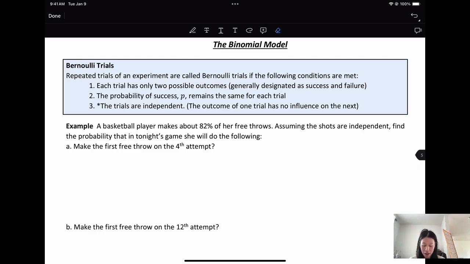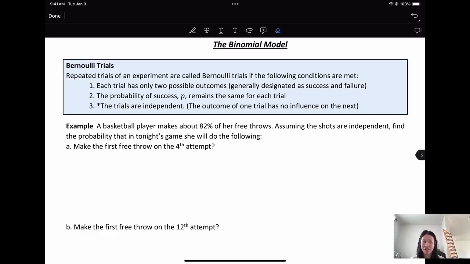So let's say a basketball player makes about 82% of her free throws, assuming the shots are independent. In the real world, we know that it's not independent, because at the beginning you're warming up and the success rate may be lower, and once you warm up, your success rate gets higher.